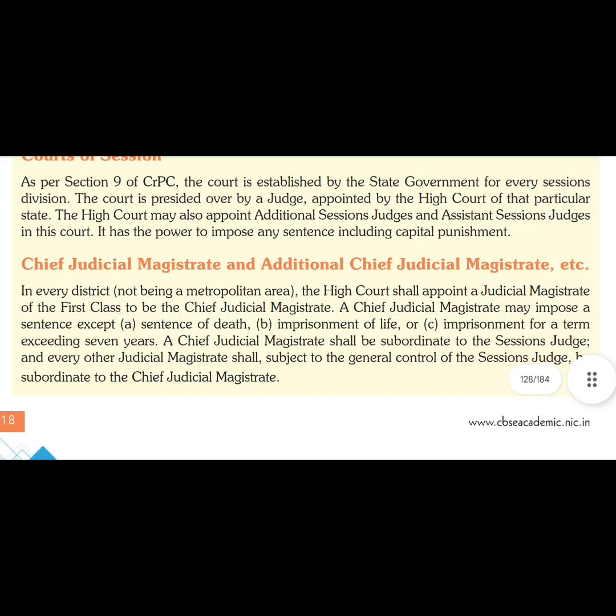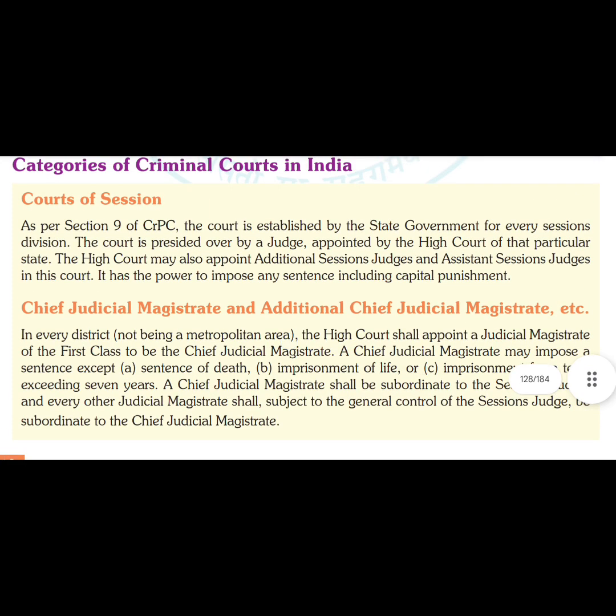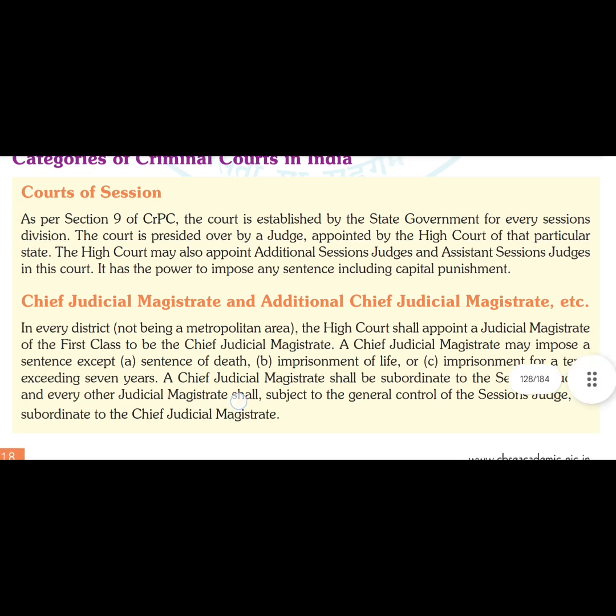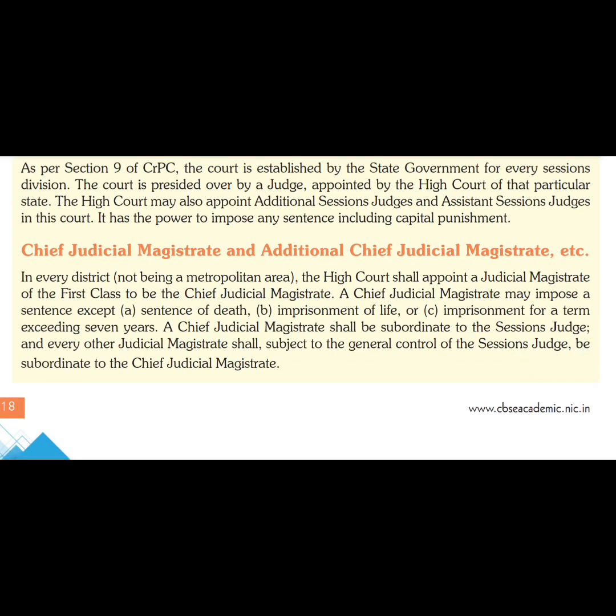Then CJM and additional CJM. We also studied who is the head of the criminal courts, and head of criminal matters in the state, in the city. That we did in the previous videos, right? So CJM in every district.